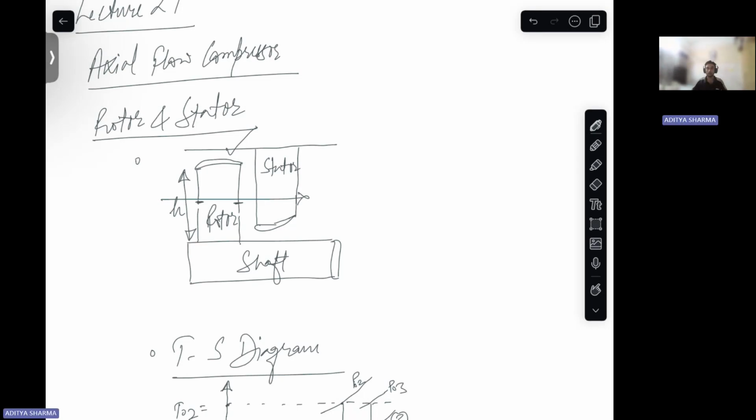You don't want your fluid to be in radial direction. For that, you say that you want radial equilibrium. The radial equilibrium means the flow will remain in two directions, one is axial and one is tangential, but not in radial direction.